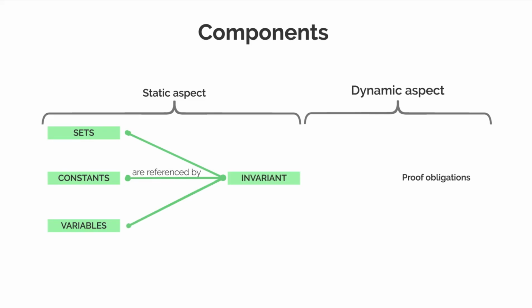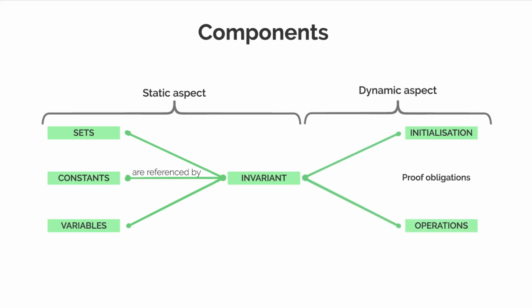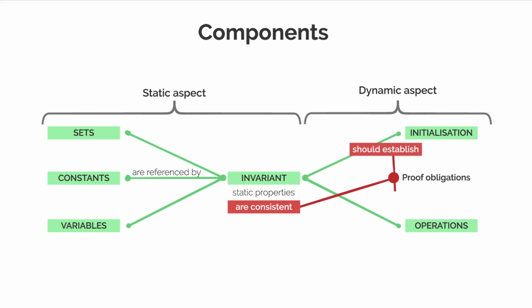The dynamic aspect with the definition of the initialization phase for the state variables, and the definition of operations for carrying or modifying the state. And finally, the proof aspects, with the proof obligations, which ensure that the static properties are consistent, they are established by the initialization, and they are preserved by all operations.